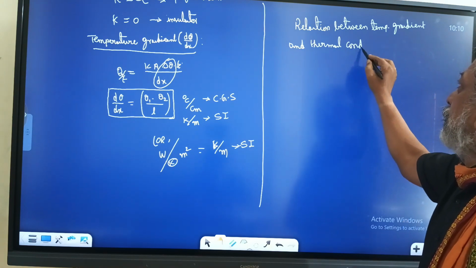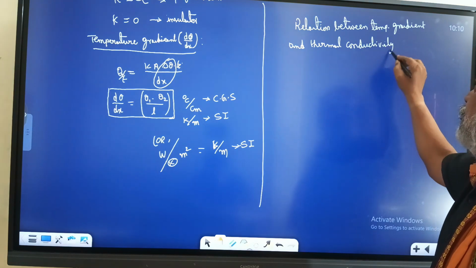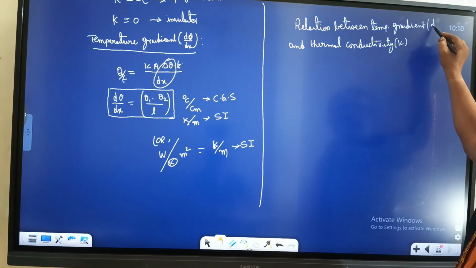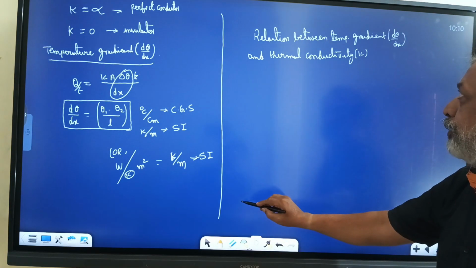Thermal conductivity is called K, and this is d theta by dx, the temperature gradient relation.